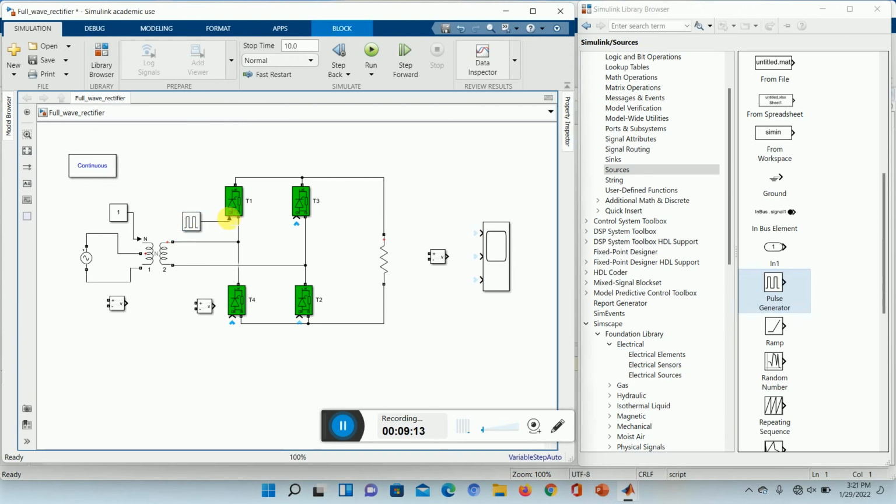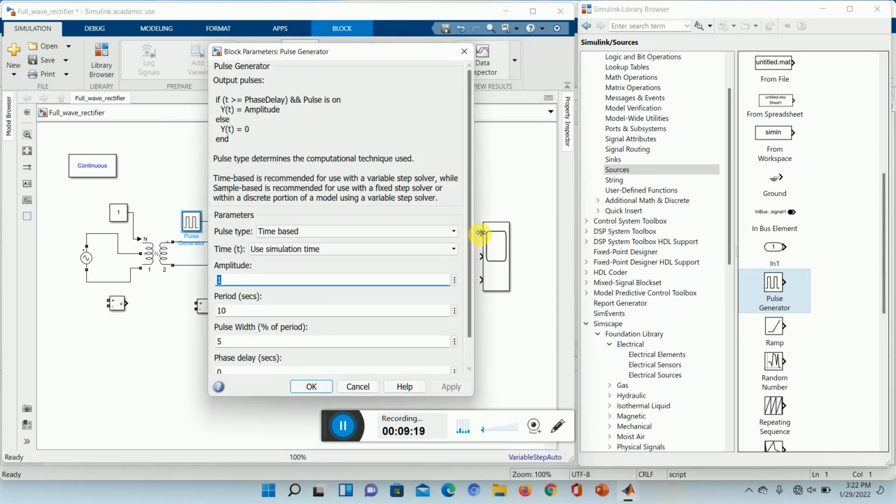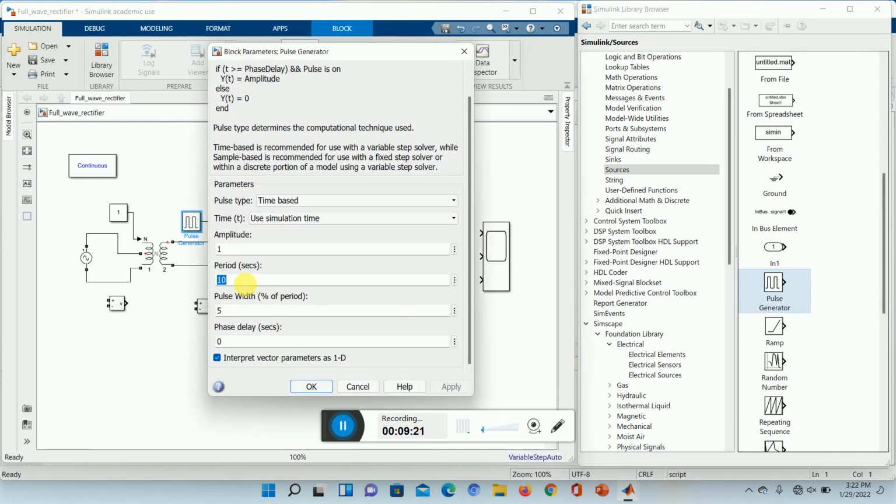Okay, 1. What is inside it? Amplitude is okay. Time period, that will change to 0.02. Pulse width 5% for thyristor is okay. Phase delay 0 seconds, that's also fine.